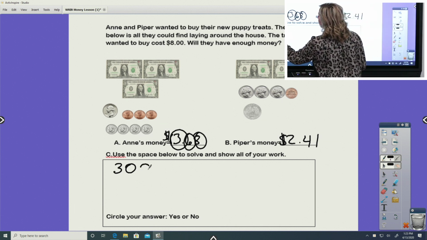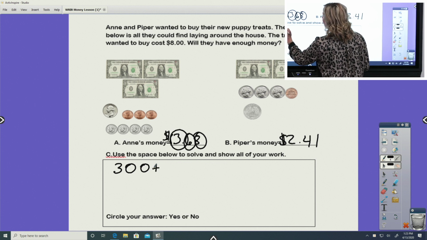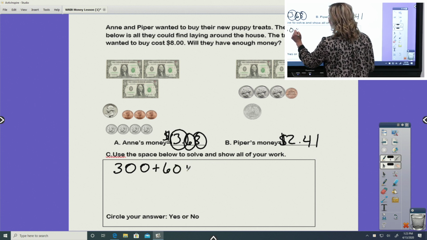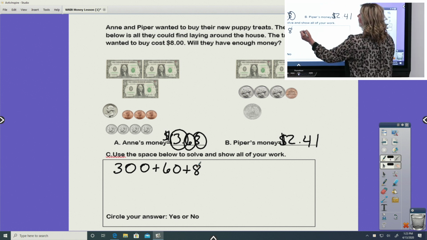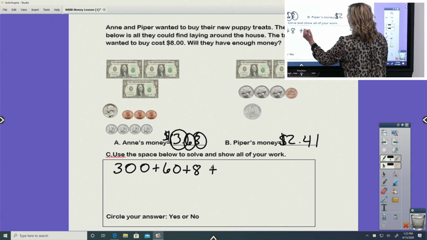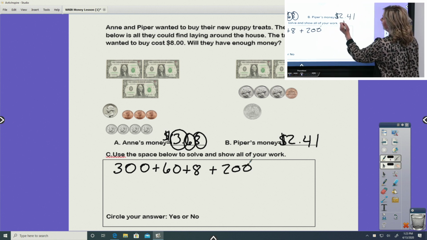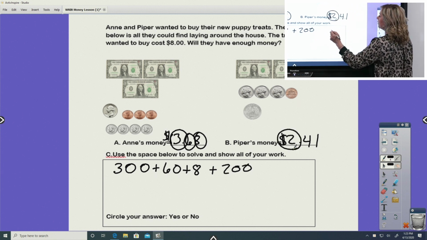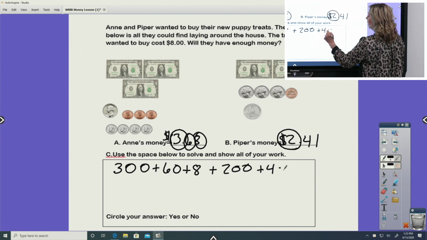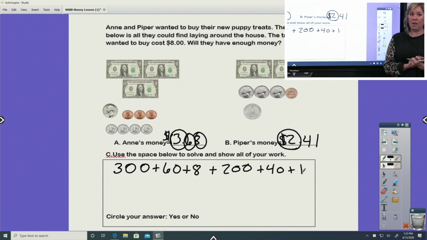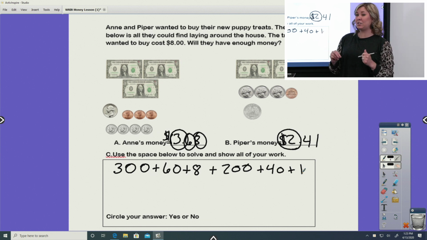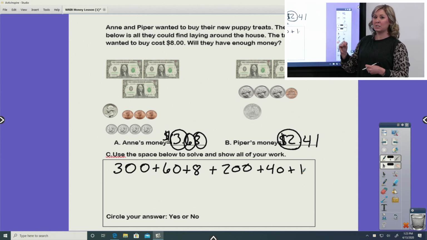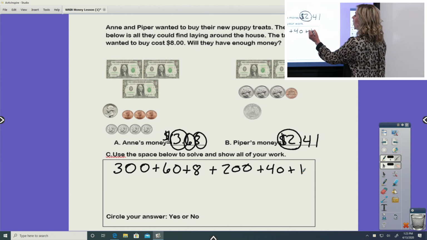So we have 300s, or 300 cents, 60 plus 8, and then we have plus 200, we're over here now, our dollar amount, that's 200, plus 40, plus 1. Okay, this gives us some nicer numbers to add with, and we start always with our smallest place value first, and that's the ones place.